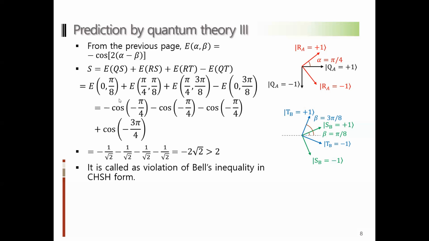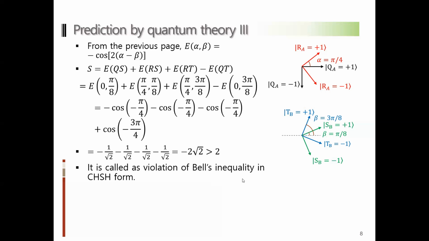However, in this case, we obtained the result that the absolute value of S is larger than 2. So in experiment, if we can prove that the absolute value of this is larger than 2, then we can rule out the hidden variable theory. Only at least the hidden variable theory we assumed at the beginning in today's lecture.